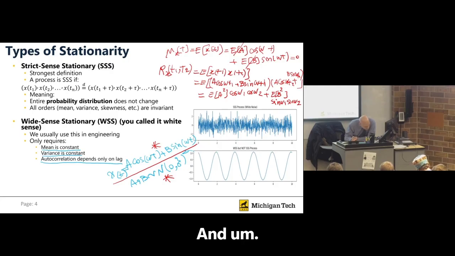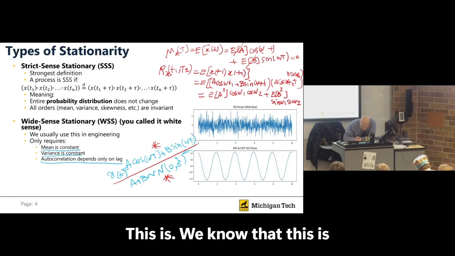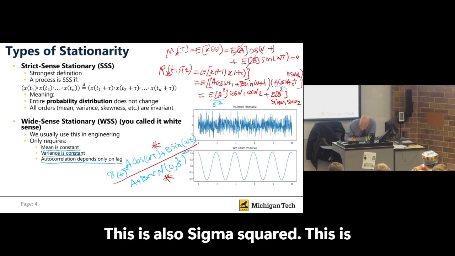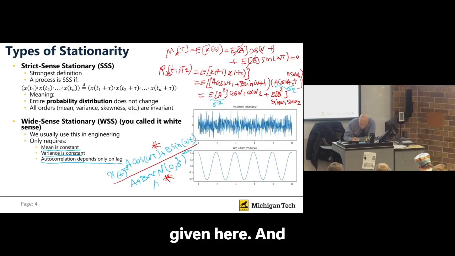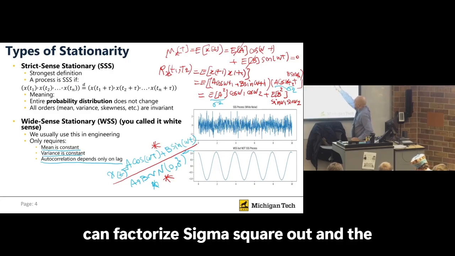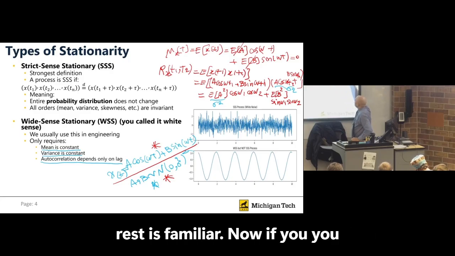and we know that this is sigma square. This is sigma square. This is also sigma square. It's given here. And the rest, we can factorize sigma square out, and the rest is familiar.